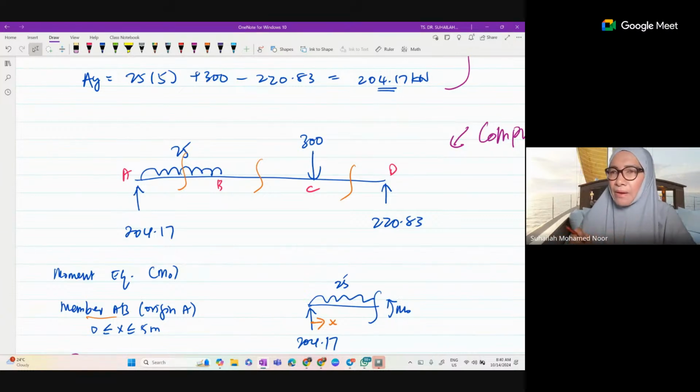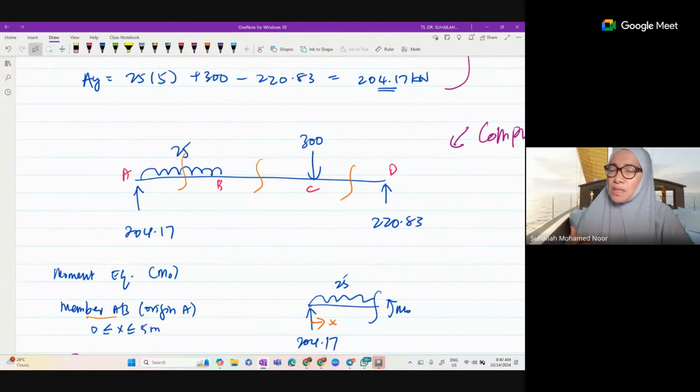Yang ni yang selalu ramai confused. Not necessarily we choose A as origin. Okay, so for this case, I will choose origin which comes from right. Yang tadi bila kita cutting section at AB, we choose A because by choosing A as origin, it is the easiest. For BC, I think if we choose origin coming from right is easier than from left.